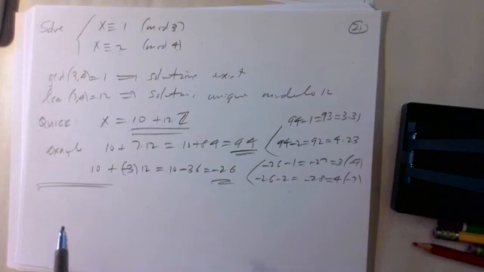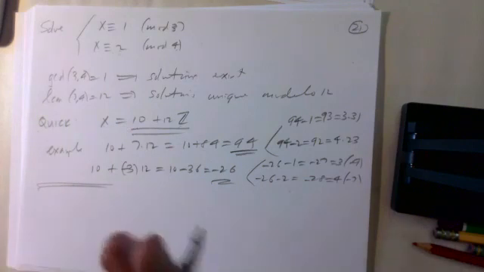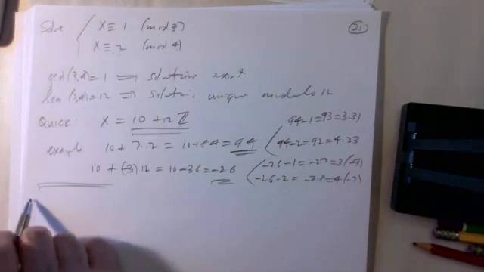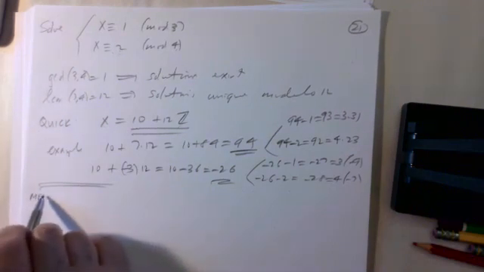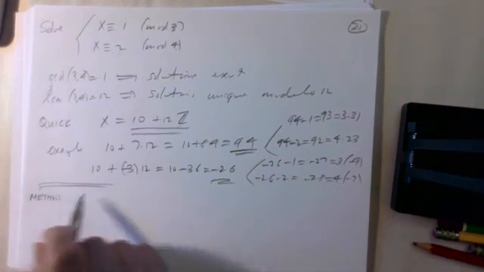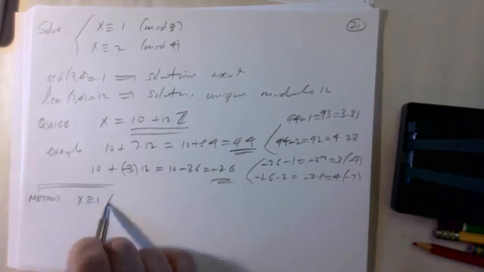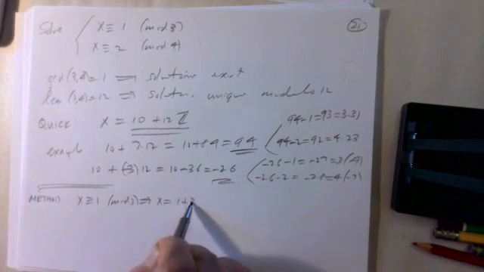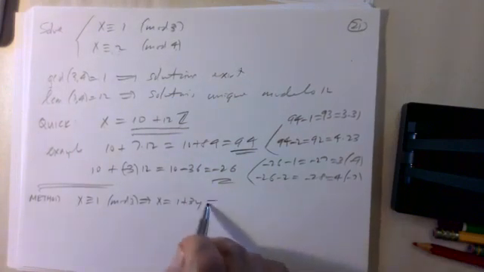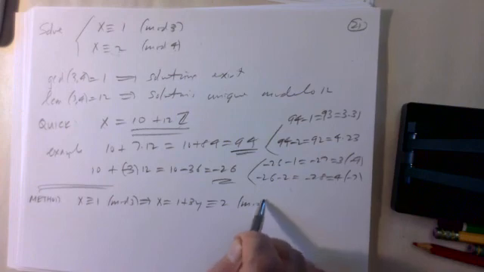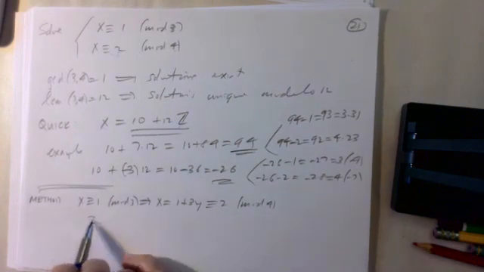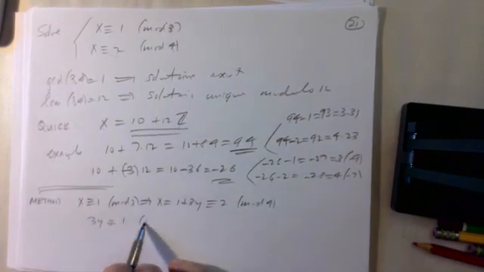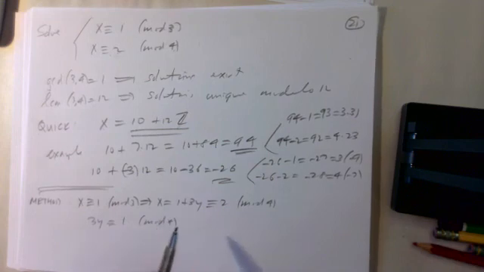But if I couldn't figure out how to do it that way, there's one method that always works. So this is using our algorithm or method, if you like. If x is congruent to 1 mod 3, then x is 1 plus 3y. And if that's congruent to 2 mod 4, then 3y is congruent to 1 mod 4.